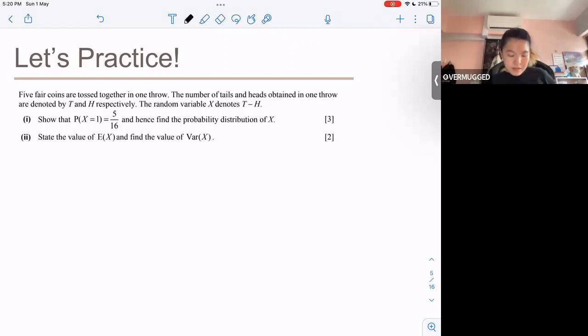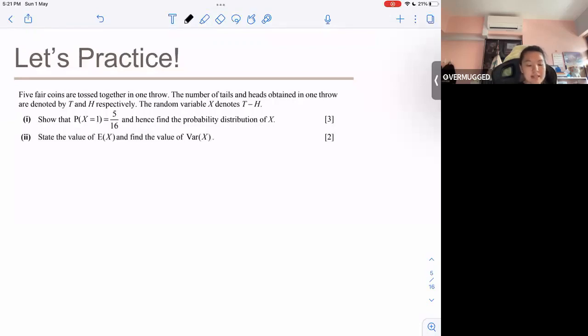Okay. So 5 fair coins are tossed together in one throw. That means you grab 5 coins and you just throw them all together. The number of tails and heads obtained in one throw are denoted by T and H respectively. And X denotes the number of tails minus the number of heads.